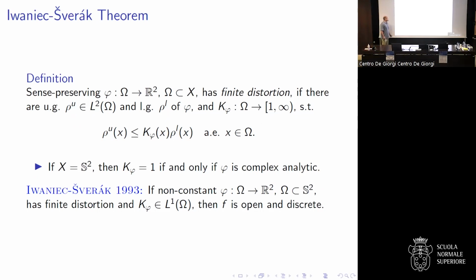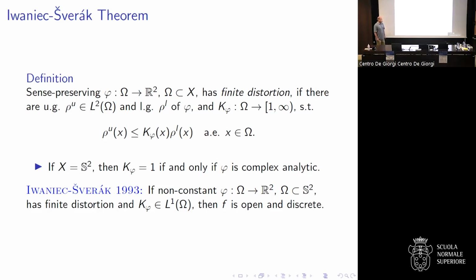For complex analytic functions, this is proved in almost every complex analysis course. Analytic functions are discrete and open. And this is the most general result of this type: the most general distortion bound you can put on the mapping so that it is still discrete and open.